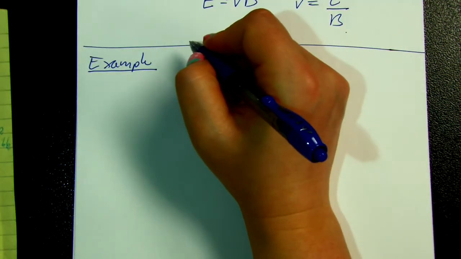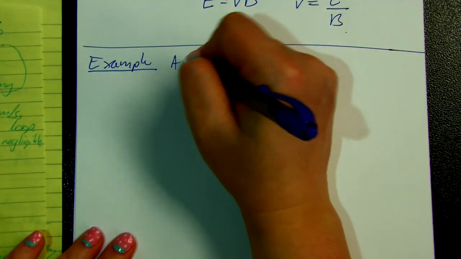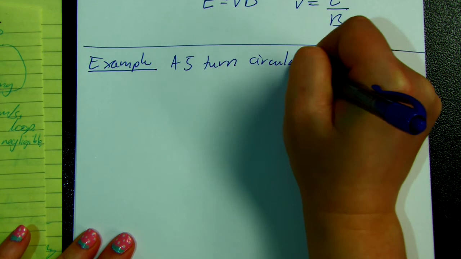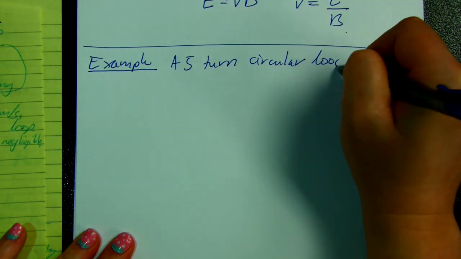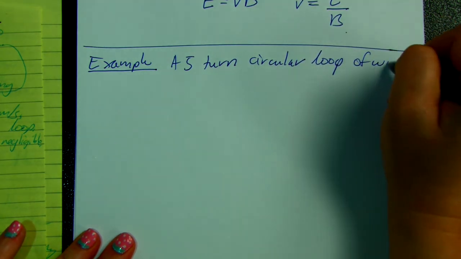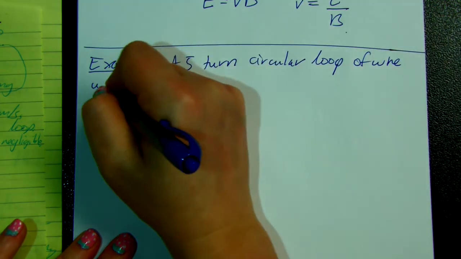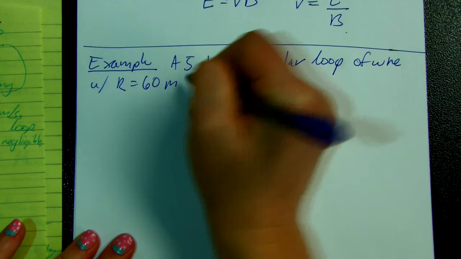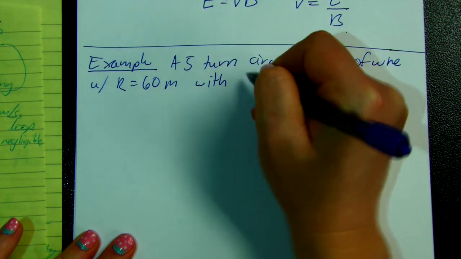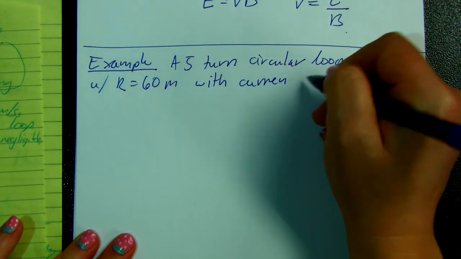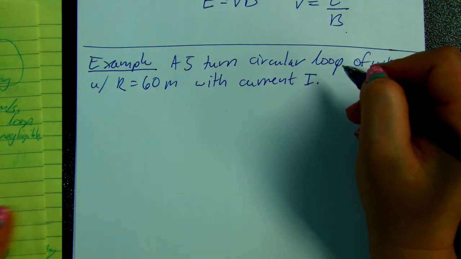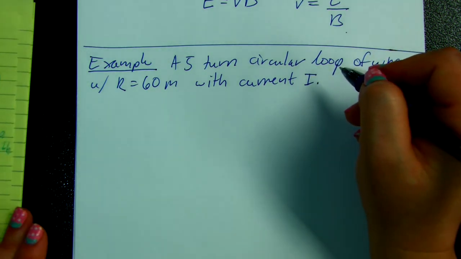So we have a 5-turn circular loop of wire with a radius of 60 centimeters with current I. See, you thought you'd be done with the drilling, but oh no, no, no. I make sure to bring it with me.